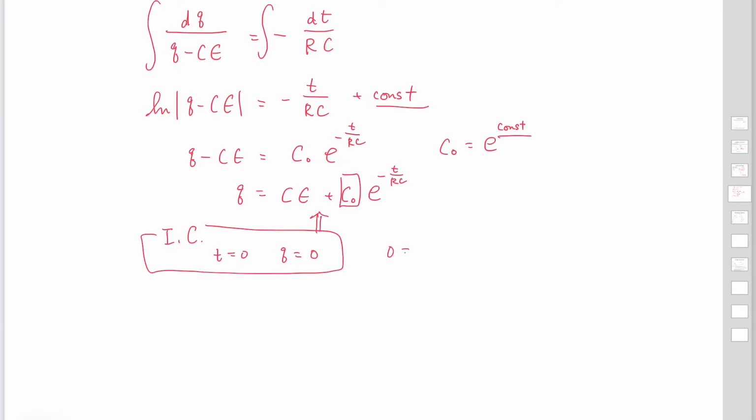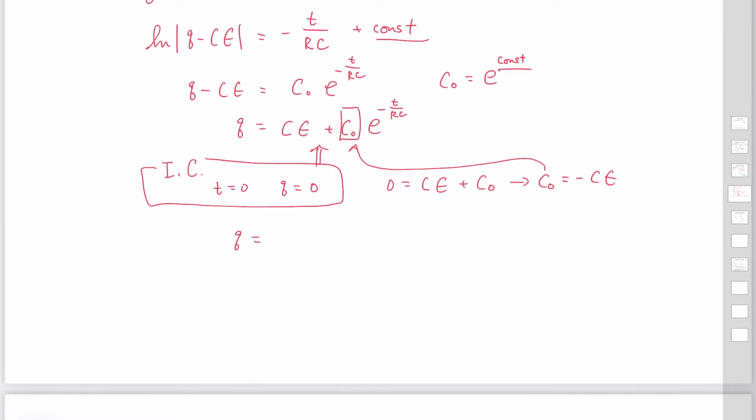So 0 equals C epsilon plus C sub 0, since if you substitute t equals 0, exponential 0 is 1. So from this equation, C sub 0 is minus C epsilon. Then you can return to the equation. The charge on the capacitor is expressed as C epsilon times 1 minus exponential minus t over RC.